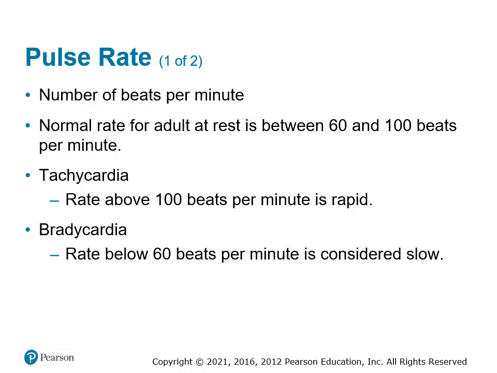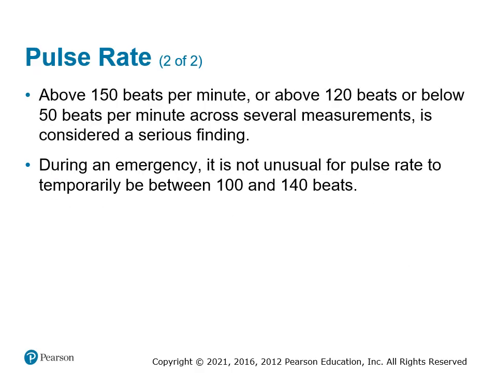A normal heart rate in the average adult is 60 to 100 beats per minute. Anything above 100 would be tachycardia. Everything below 60 would be bradycardia. So above 150 beats per minute generally is considered a more serious finding.